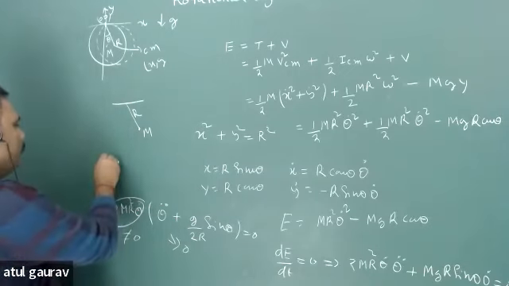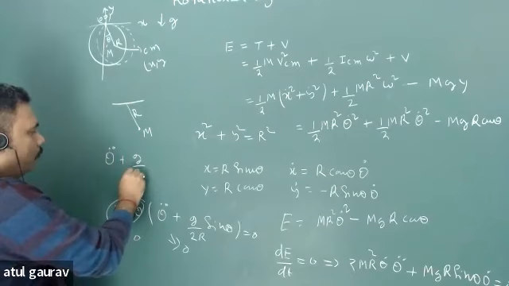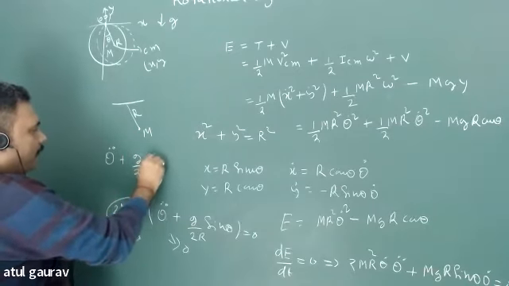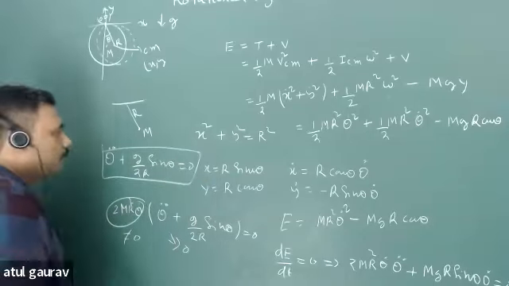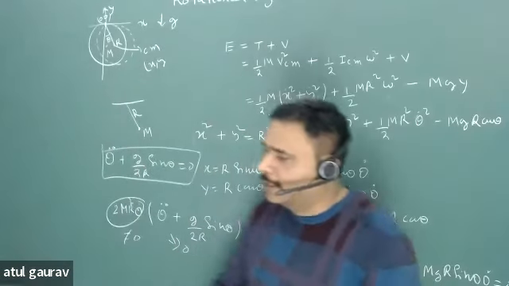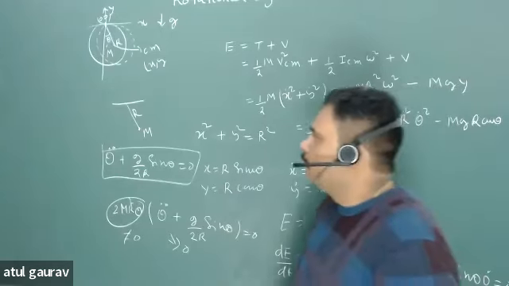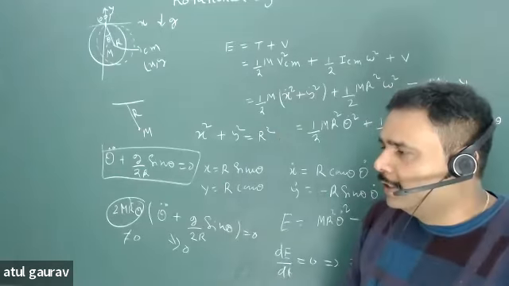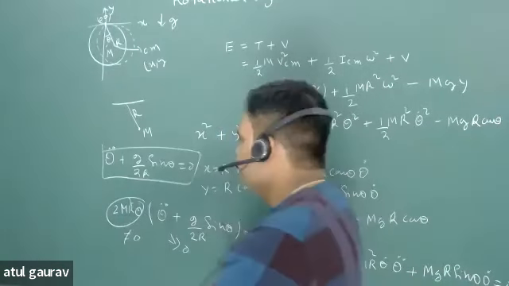And what we will get? We will get theta double dot plus g upon 2r sine theta must be 0. And this is nothing but my equation of motion. So you can see how we can move from energy to equation of motion. Energy के through equation of motion में हम कैसे जा सकते हैं? Isn't it?